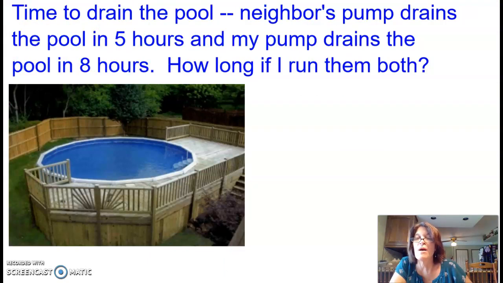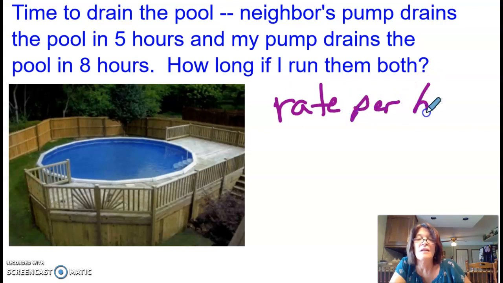And then this pool problem. It's time to drain the pool. The neighbor's pump drains it in 5 hours. My pump drains it in 8 hours. How long if I run them both? This is very similar, as we want the rate per hour. If it drains the whole pool in 5 hours, it completes the job.